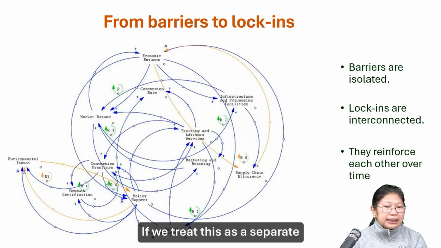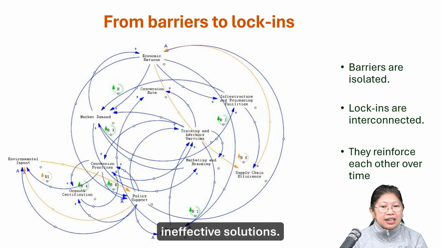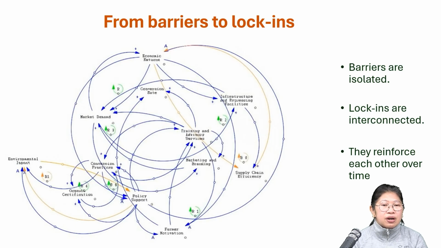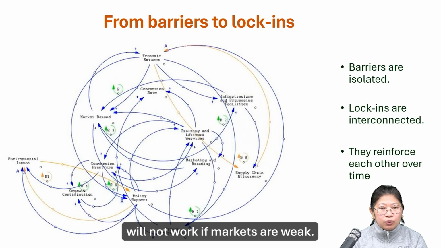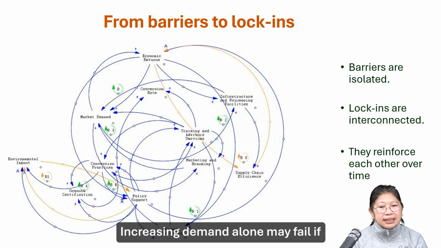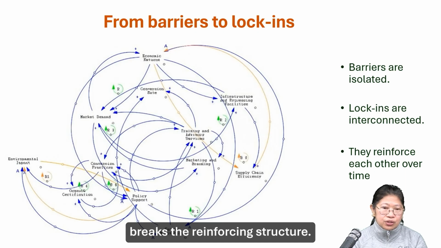If we treat this as a separate problem, we risk designing ineffective solutions. For example, investing only in training will not work if markets are weak. Increasing demand alone may fail if infrastructure cannot support it. We need to intervene in a way that breaks the reinforcing structure.